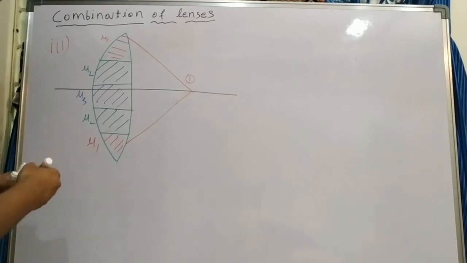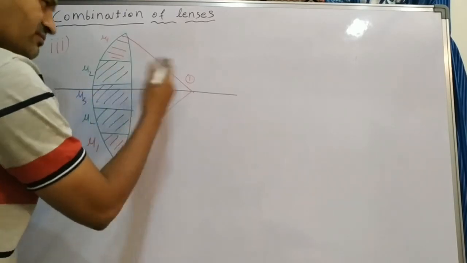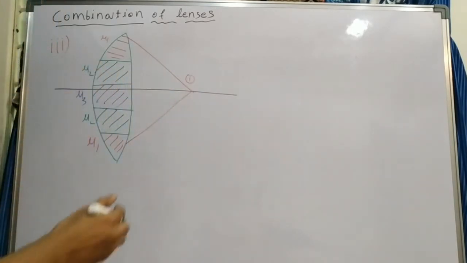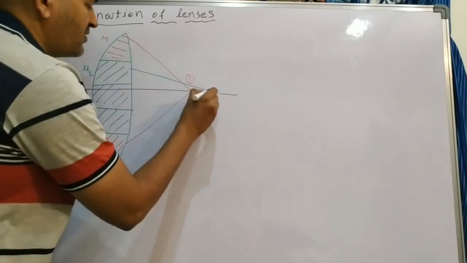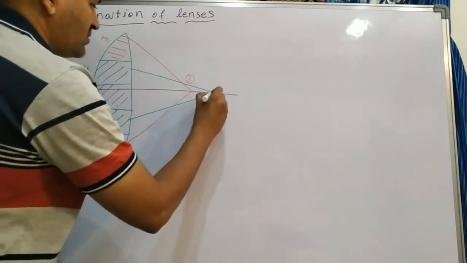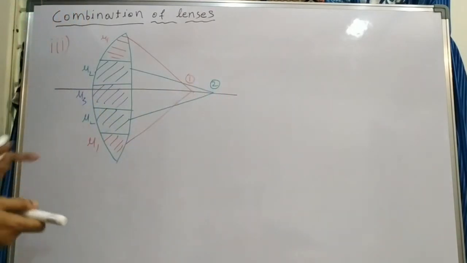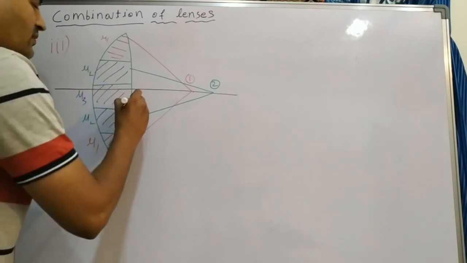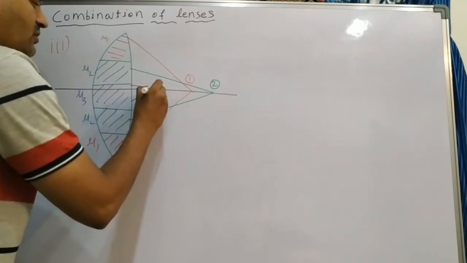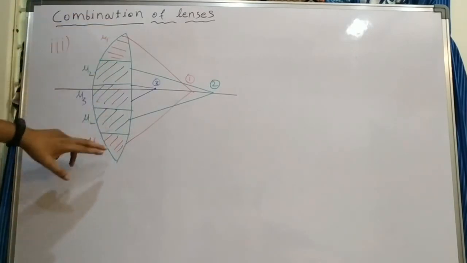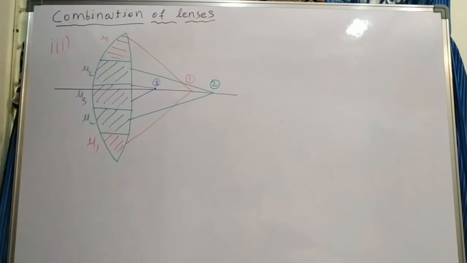Those two form an image somewhere, maybe beyond this or below this, depending upon the refractive index value. That is the second image. And this third material can form an image somewhere here. So three different images we are getting, because three different materials are used in the making of the lens.